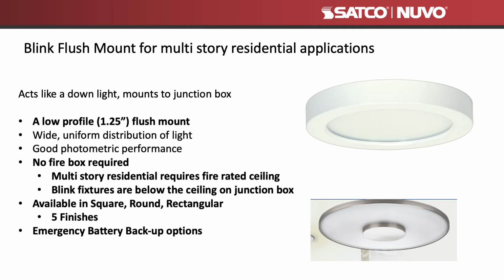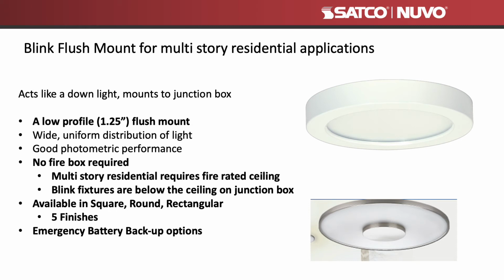Our Blink flush mount fixtures come in a variety of shapes and sizes and are a standard for multi-story residential applications. In multi-stories, if you go above 2 floors, in order to put in a downlight, you'd need either a firebox or a fixture that's rated to withstand a fire.